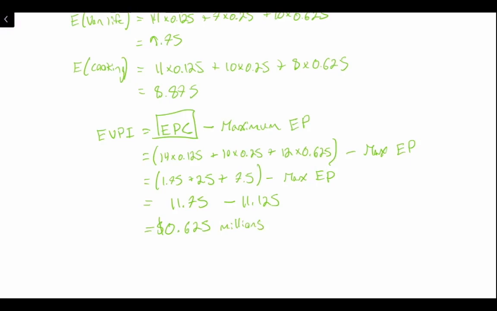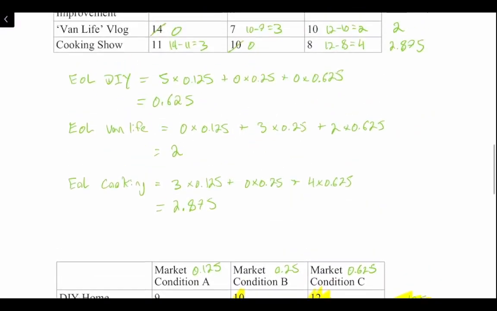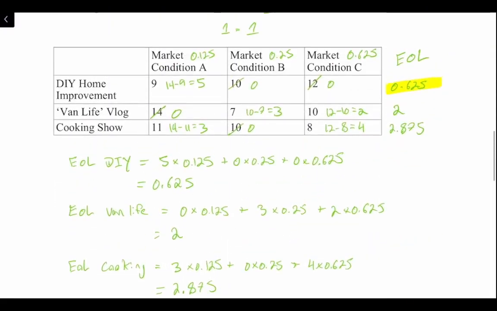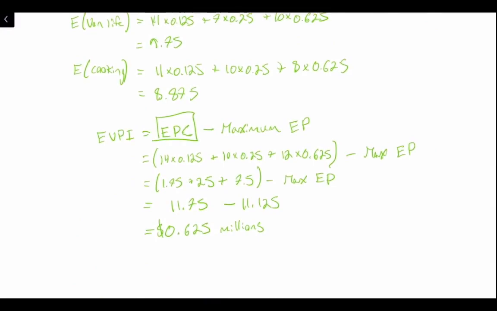So you might notice and say, hey, the EVPI, the expected value of perfect information, is also equal to the expected opportunity loss. And absolutely that is correct. So if you know the expected opportunity loss, you automatically know the EVPI and vice versa. Okay? So the expected value of perfect information is saying how much it would be worth to you as a decision maker to have perfect information.